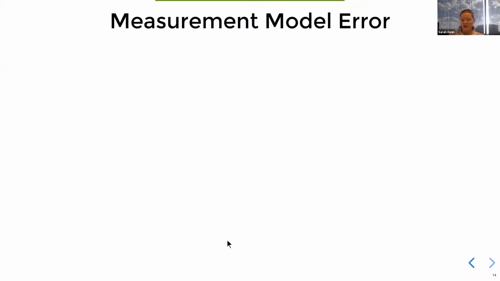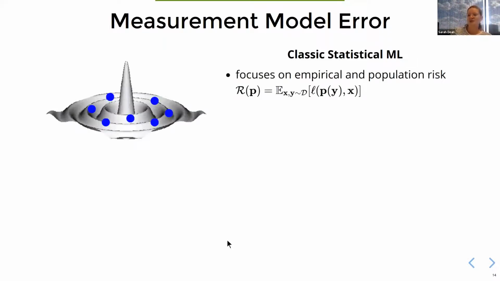So how do we deal with this measurement model error? How do we define it or try to grapple with it? The classic statistical story in machine learning is to focus on empirical risk and population risk, where the population risk is the expected loss over some distribution.